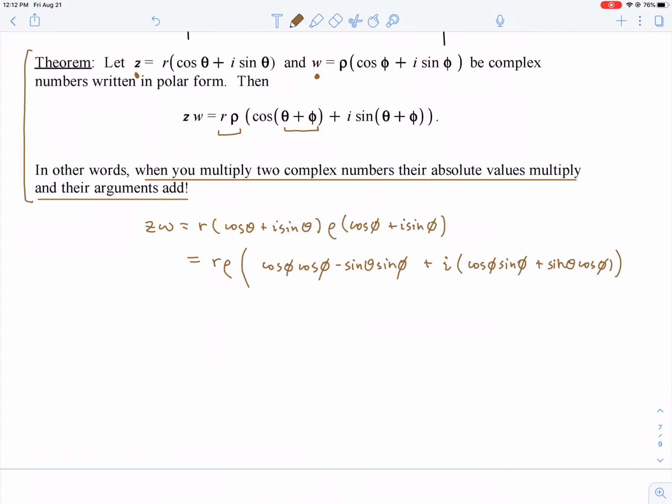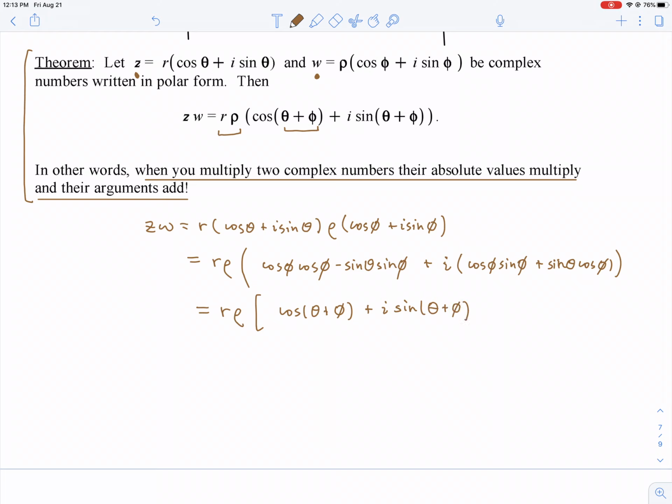And using two of the three fundamental trig identities, the third one being the Pythagorean theorem, you immediately recognize the real part as cosine of theta plus phi from the addition angle formula for cosine. And the imaginary part is the sine of theta plus phi. I see a typo.